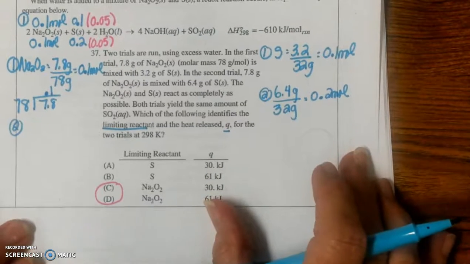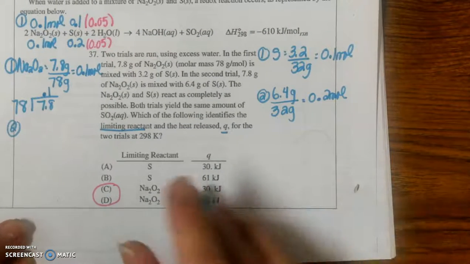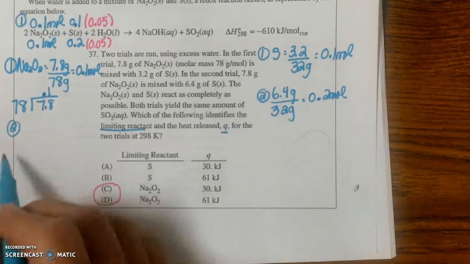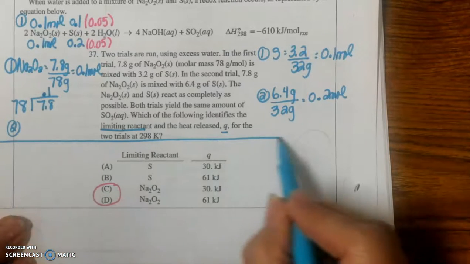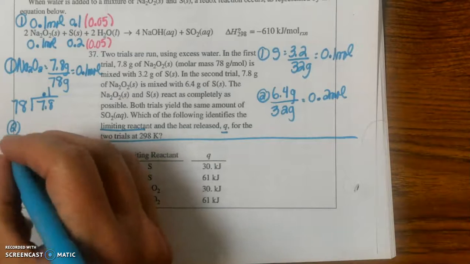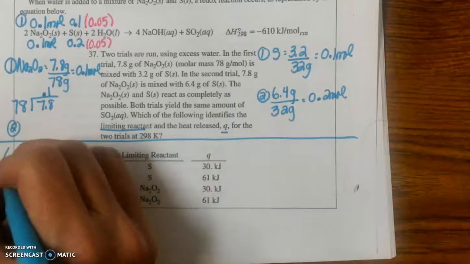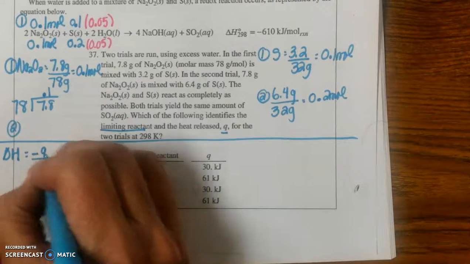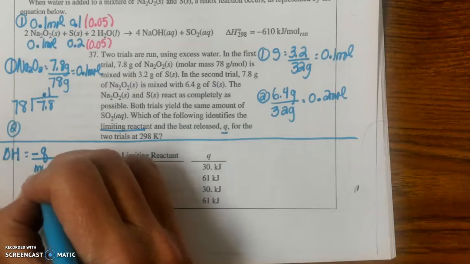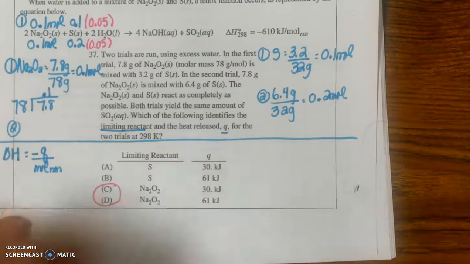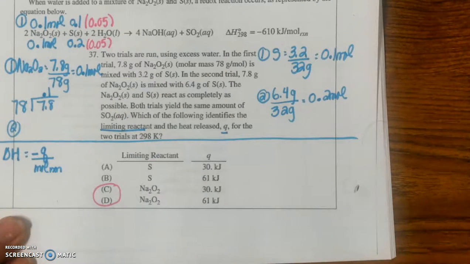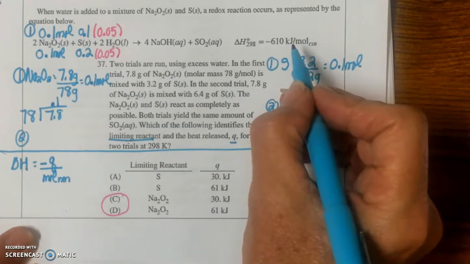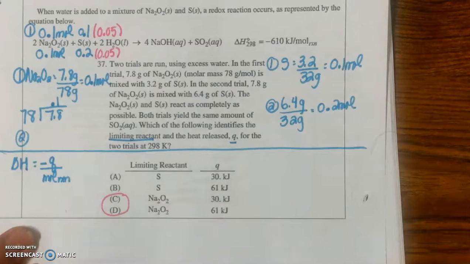Now, let's go to the next part. It says on here that I need to calculate Q. So I'm going to start this over here. Let's put a line here. And if you remember, delta H is equal to the negative of Q over mole reaction. Negative Q over mole reaction. Now, what is my mole reaction?